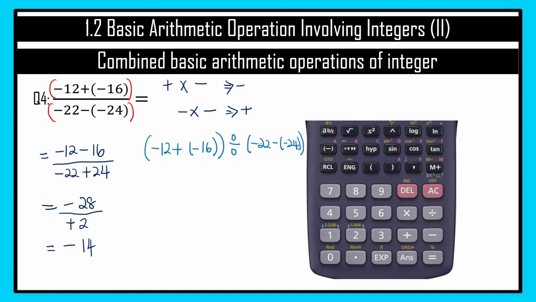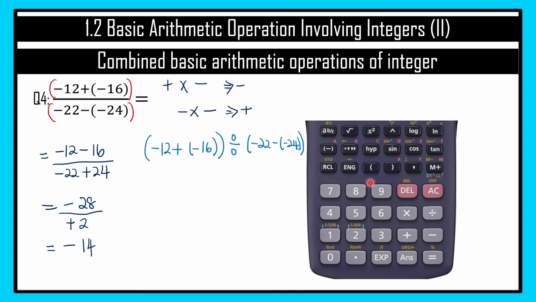Alright, so this is how you're going to enter into the calculator. So big bracket, the first bracket, negative 12 plus bracket negative 16, close your bracket, close another one. Here got 2.